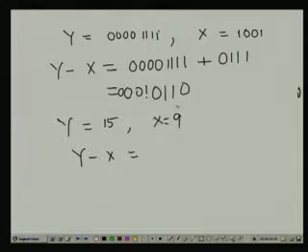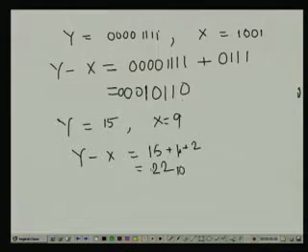Y minus x we have got, this is 1 2 4 8 16, that means 16 plus 4 plus 2. So, 22, this is decimal.